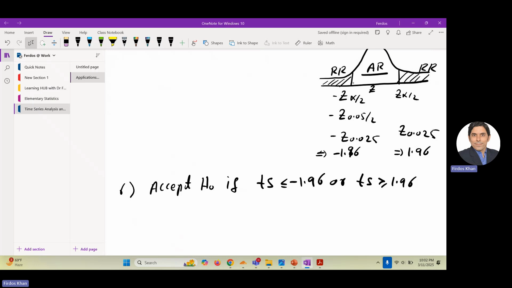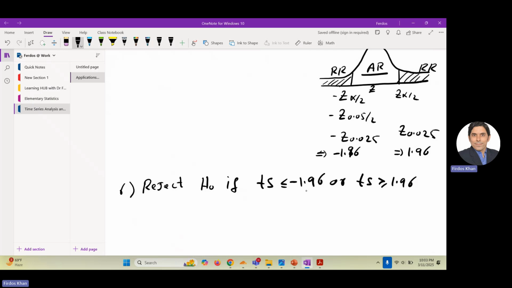This means if the calculated test statistic value is less than or equal to minus 1.96 or greater than or equal to 1.96, reject, sorry, this should be reject H naught, the null hypothesis.